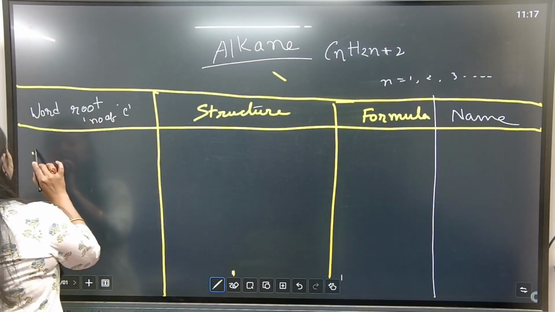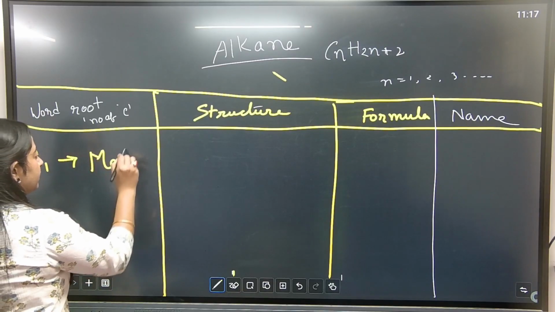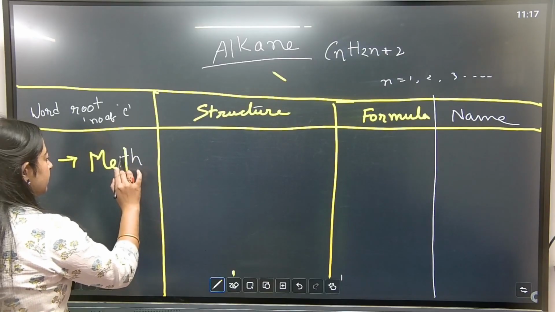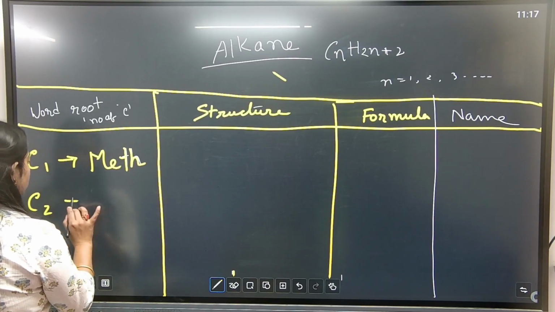Now see, if you have one carbon in your compound it is said to be METH. अगर you have two carbon, इसको बोलेंगे ETH.